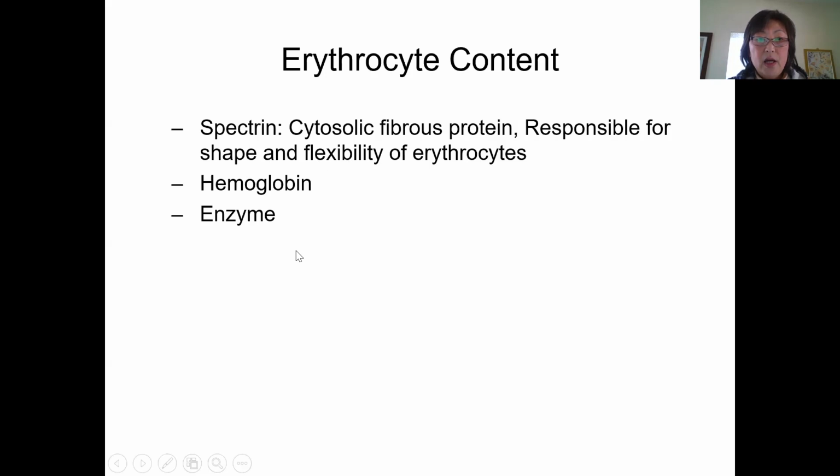In the RBCs, we have the hemoglobin, that is the globulin protein, which is involved in carrying oxygen. We'll talk about them later. And we also have other enzymes I'll talk about.